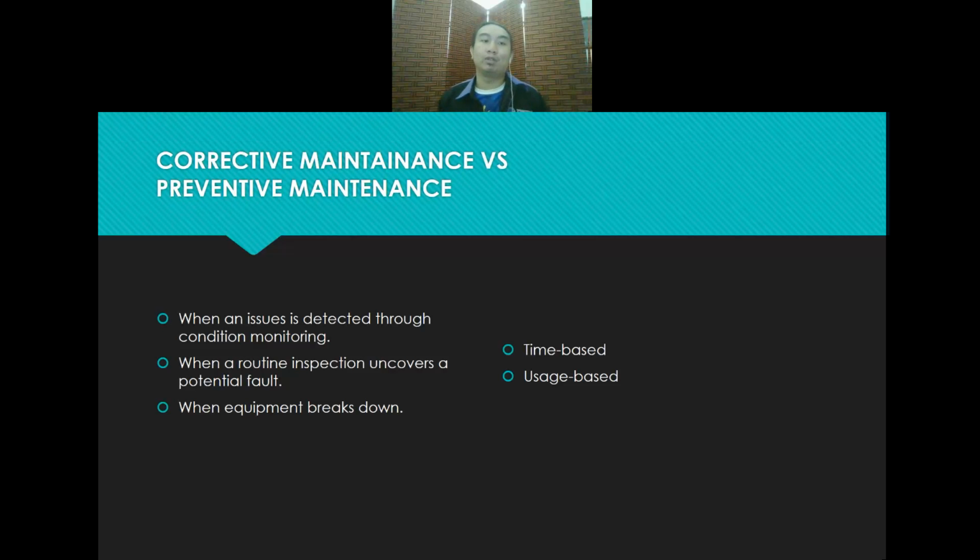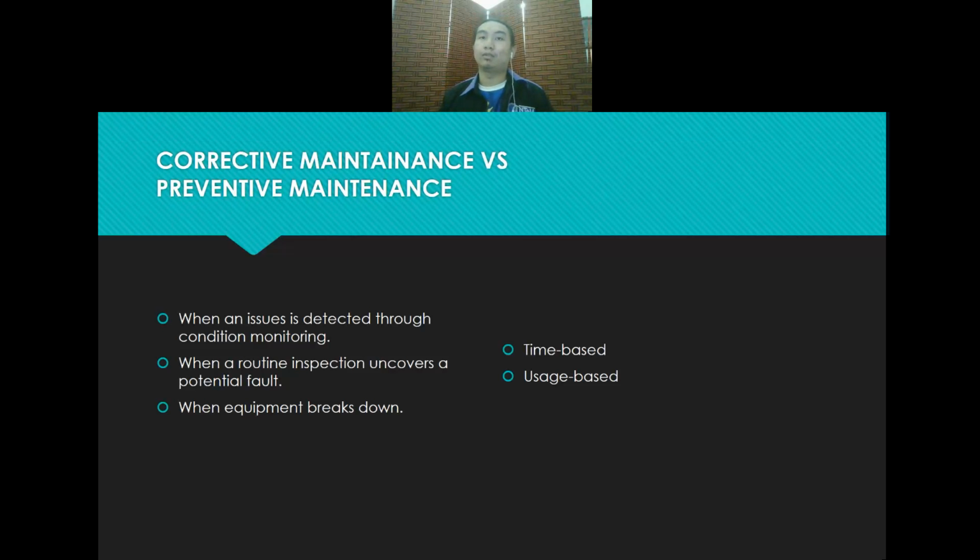And so when a routine inspection uncovers a potential fault and the equipment breaks down, corrective maintenance usually tends to approach the run-to-fail method. Run to fail means if the parts or equipment are still intact, still not failed, they can still be used.